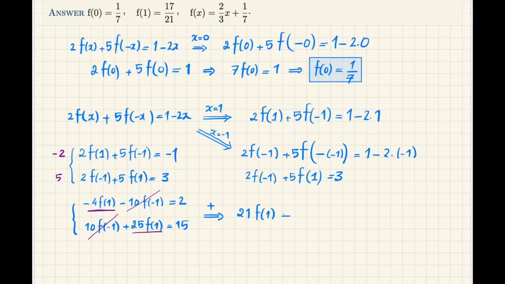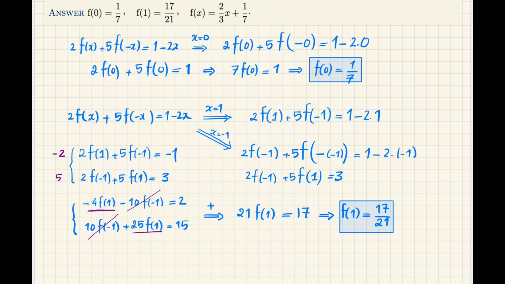And on the right hand side, I am adding 2 and 15, so it becomes 17. But I am looking for f of 1, so I will divide both sides by 21, it becomes 17 over 21. And that is the answer that I get.